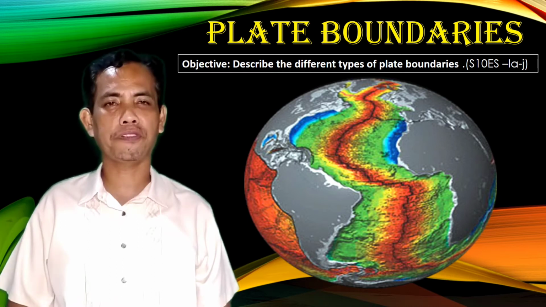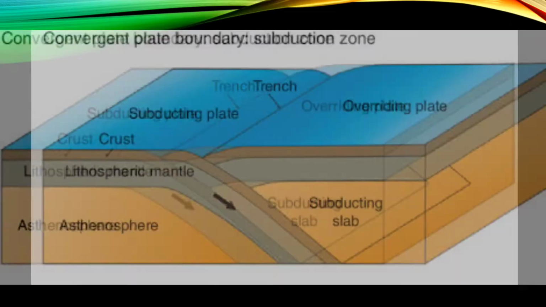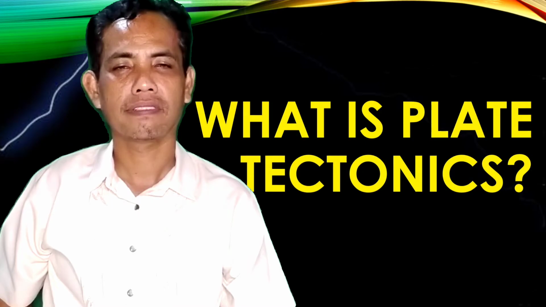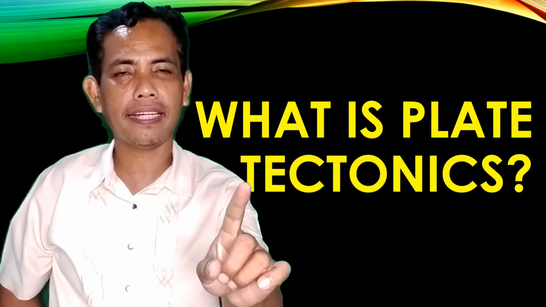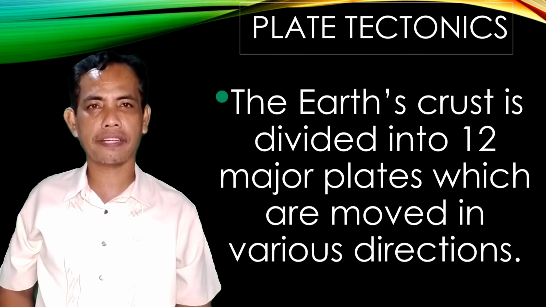Right, class, before we proceed to the main parts of the lesson, I will be showing to you an example of plate tectonic boundaries. So what is plate tectonic? The Earth's crust is divided into 12 major plates which are moved in various directions.